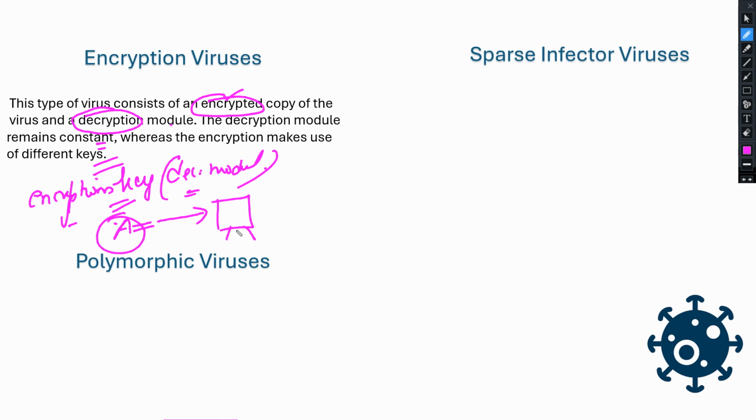machine? The decryptor module first executes and decrypts the virus body, so the virus is now decrypted. Then the virus body executes, replicates and becomes resident on this machine.